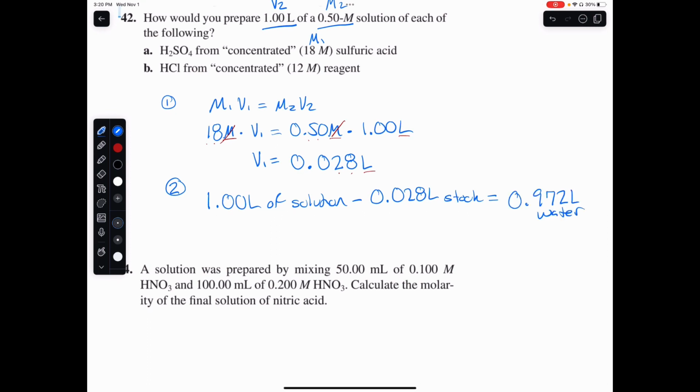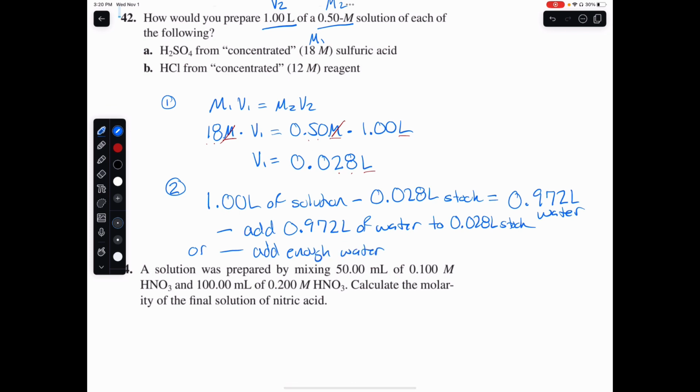You can either say add 0.972 liters of water to 0.028 liters of stock. Or you could say add enough water to the 0.028 liters of stock to make 1 liter of solution. So those are two ways of describing it.